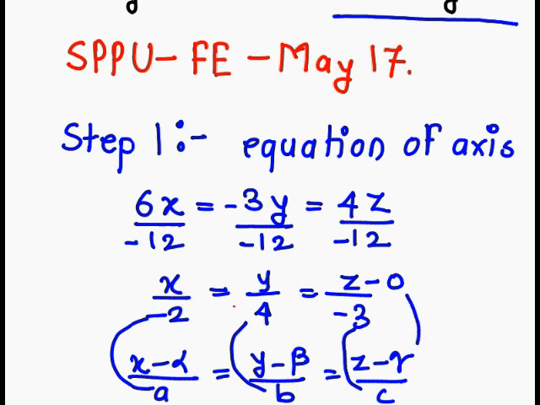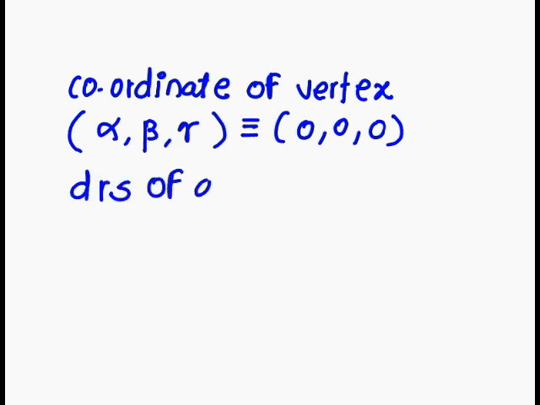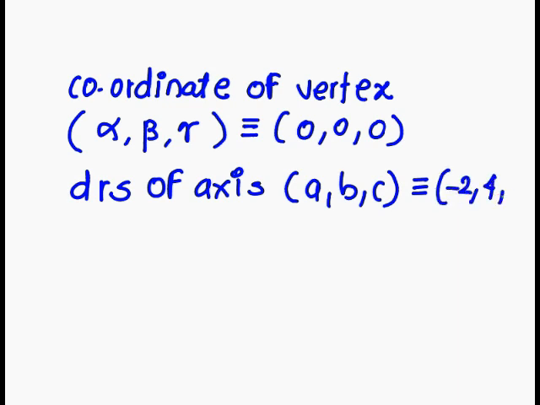So we get coordinates of the vertex are 0, 0, 0, and DRs of an axis is a, b, c is equal to minus 2, 4, minus 3.